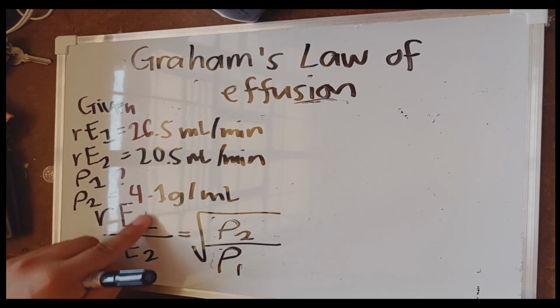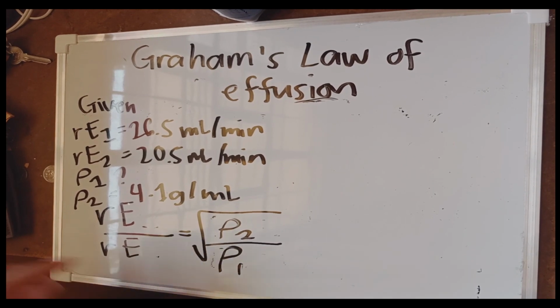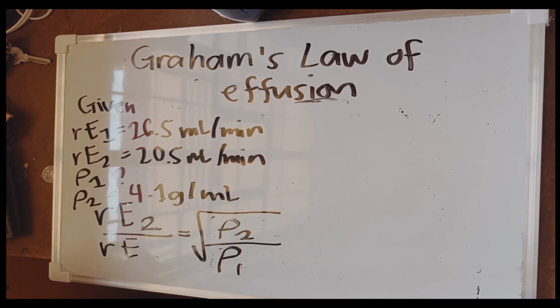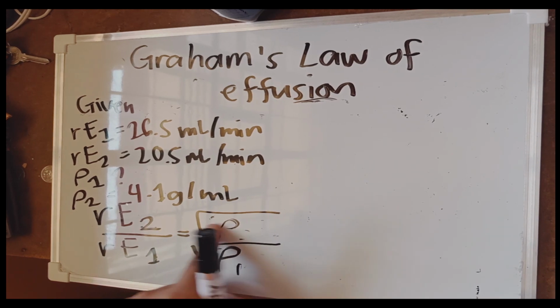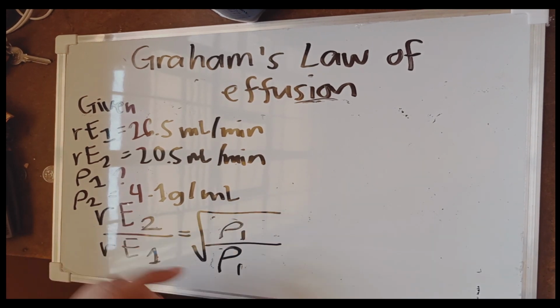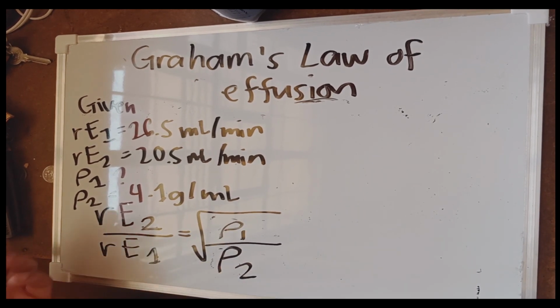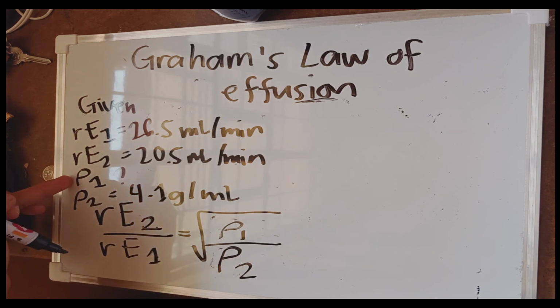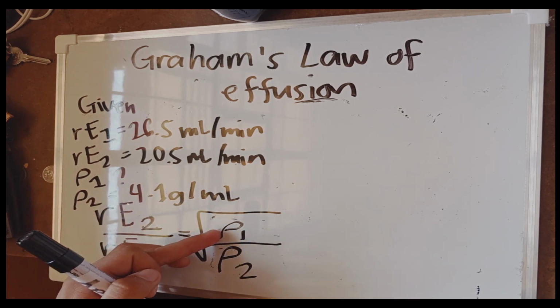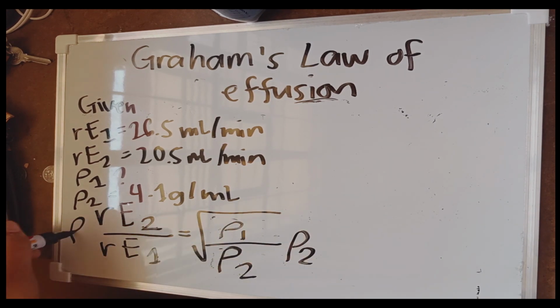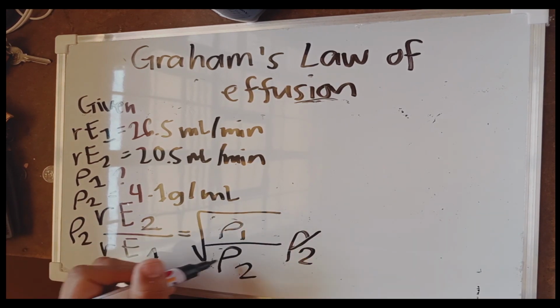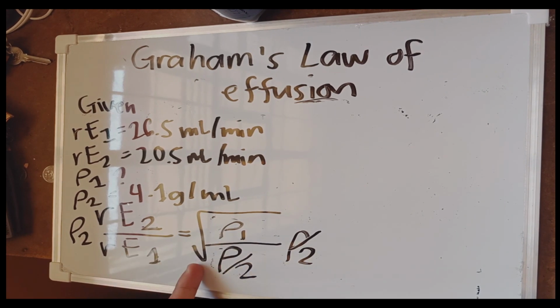So change the formula: put here rate of effusion 2 and rate of effusion 1. How about here? You put density 1, and here density 2. So you can now solve this one. Density 1 is in the upper one, so you can put density 2 on both sides and cancel them out.